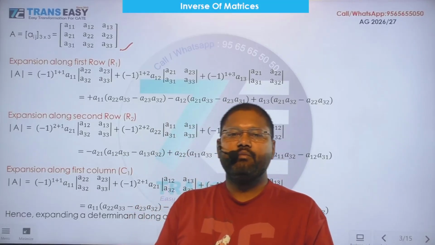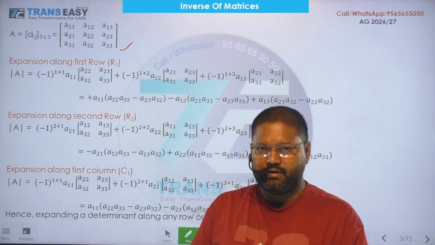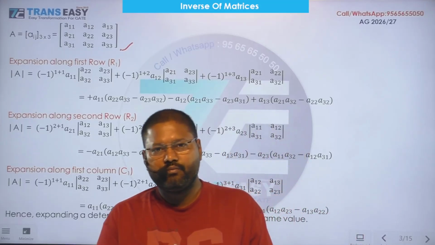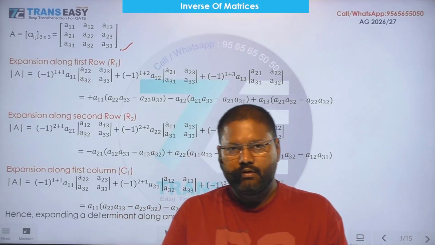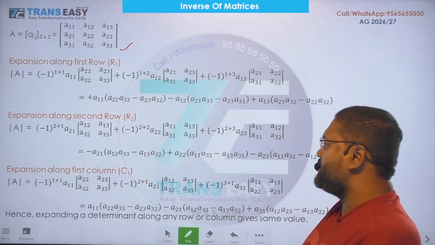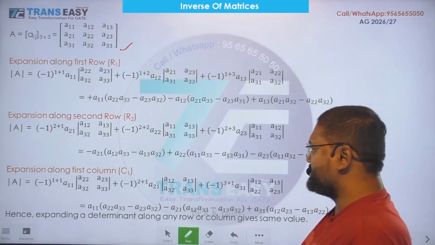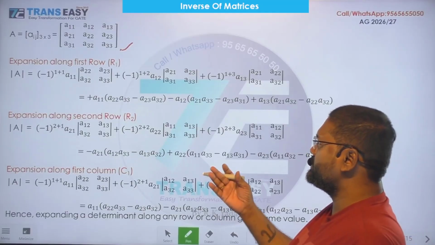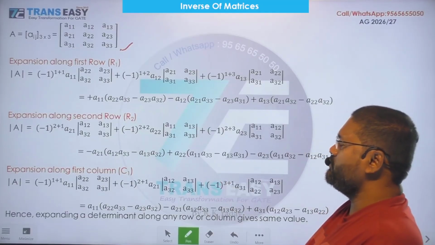So we will get same value of determinant for these 6 expansions. So we can use any one to get the value of determinant.